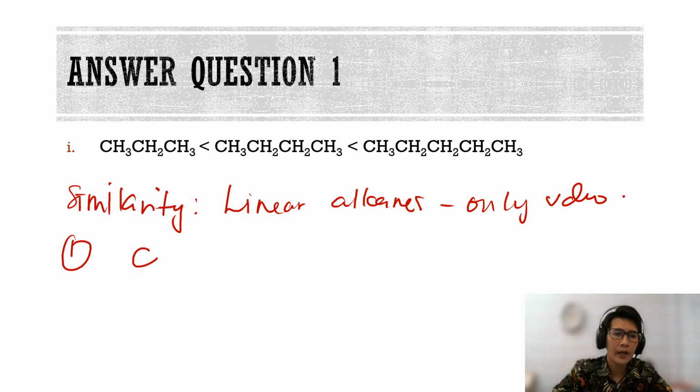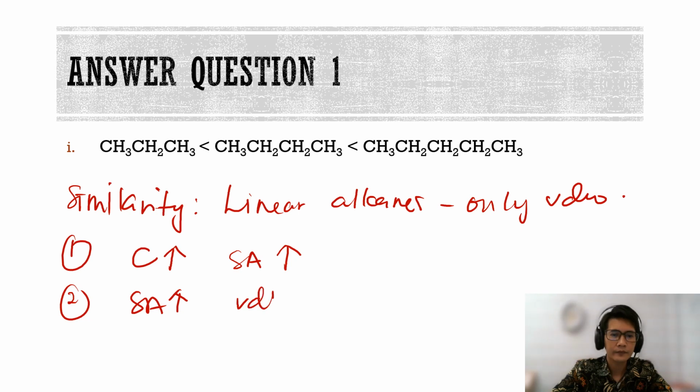So the more number of carbon, therefore the surface area of the alkene will be larger. Okay, surface area of the alkene will be larger. So what is the effect of the larger surface area? They have more van der Waals forces, right? So what is the effect of the more van der Waals forces?